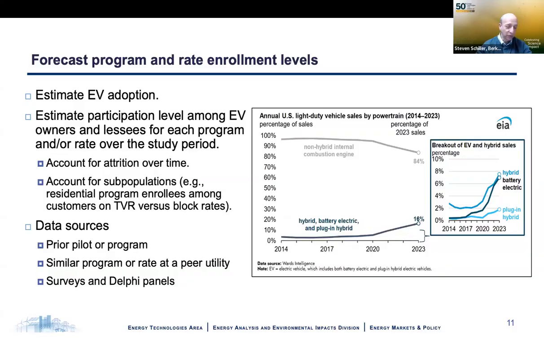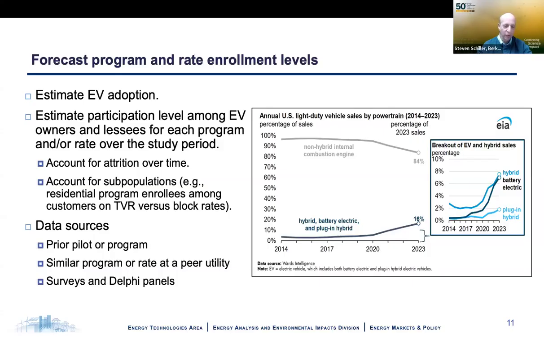And if they have EVs, they're charging them somewhere. Data sources for that can be pilot programs, similar programs, surveys of potential participants, and the old Delphi panels, which is basically gathering a group of experts with familiarity and asking their opinions to get your program and rate enrollment levels.